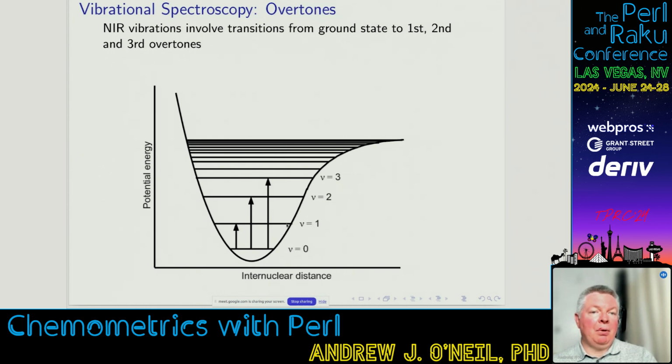Then we have 1, which is the mid-infrared, the fundamental vibration frequency, and near infrared is this V0 to V2 or 3. So these are the first and second overtone vibrations. There's also one higher up there, which is the third overtone as well. So that happens as well.